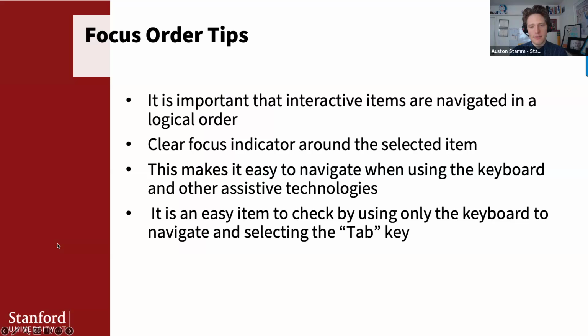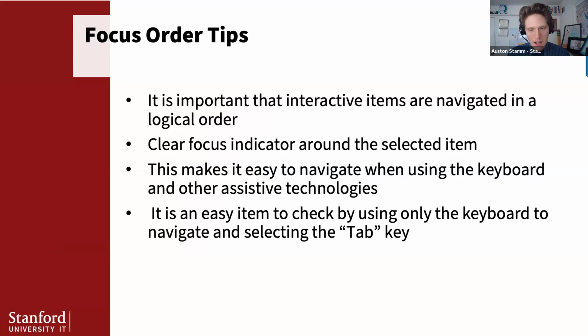Going into the focus order a little bit too, it's important that interactive items are navigated in a logical order, and you want to have a clear focus indicator around the selected item. This makes it easier to navigate when using the keyboard or other assistive technologies. It's an easy item to check by using only the keyboard to navigate and selecting the tab key and tabbing through and checking, are we going logically from the top of the page to the bottom of the page?